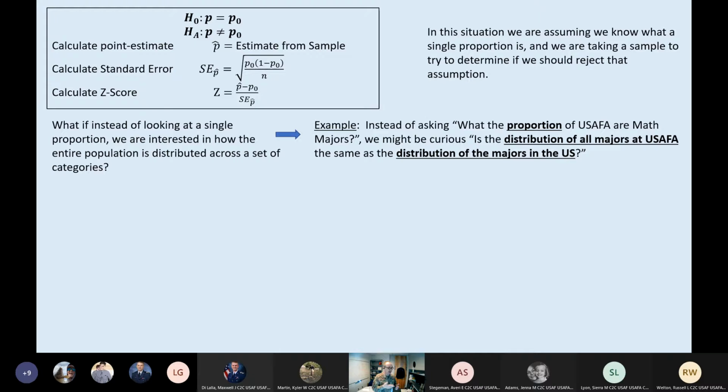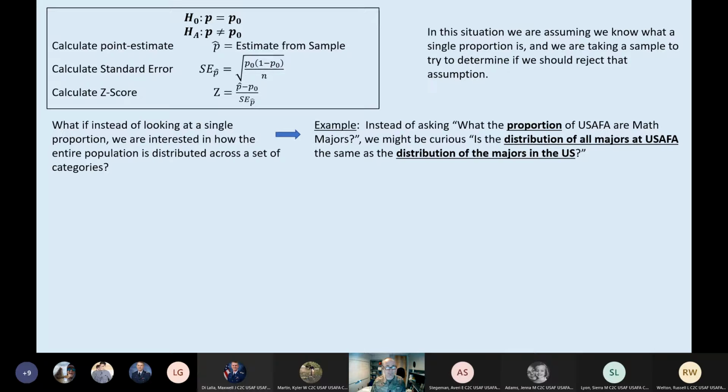If I took the entire academy, a certain percent are math, a certain percent are bio, a certain percent are French, and so on. Is that distribution the same as across the general US population? My assumption would be probably not. We're probably more tech heavy than the general population, but maybe I'm wrong.